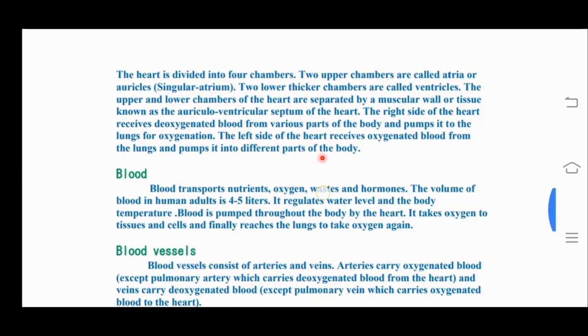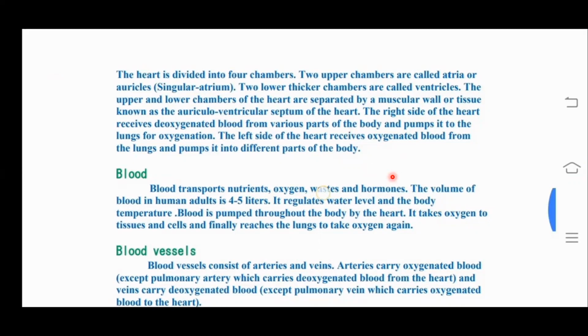This heart is divided into 4 chambers. The upper chamber is called atria, or we can also say auricles, and the lower chamber is called ventricles, and they are separated by a muscular wall, and that is known as the atrioventricular septum of the heart.